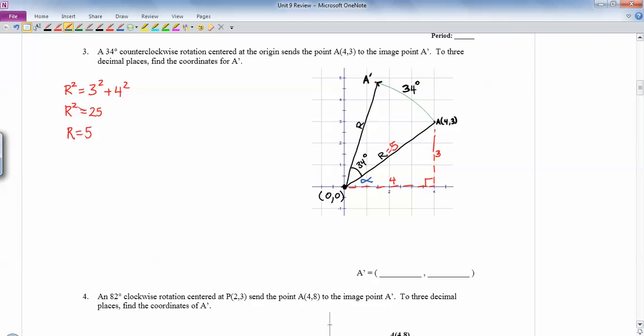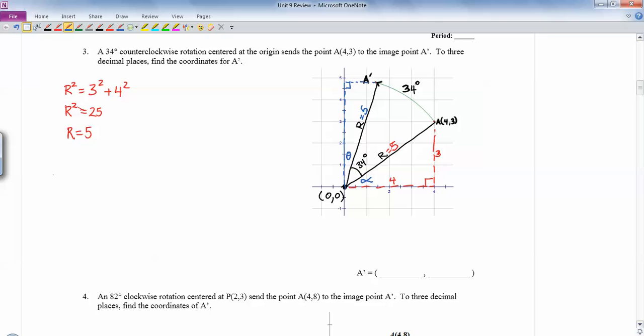And once I have alpha, I know that the angle next to it's 34. Really what that'll help me do is eventually solve for this angle right here, and I'll build a slope triangle that goes to A prime. And then I'll be able to work with that new slope triangle once I get there. Oh, and since the radius is 5, we know that this radius is 5.